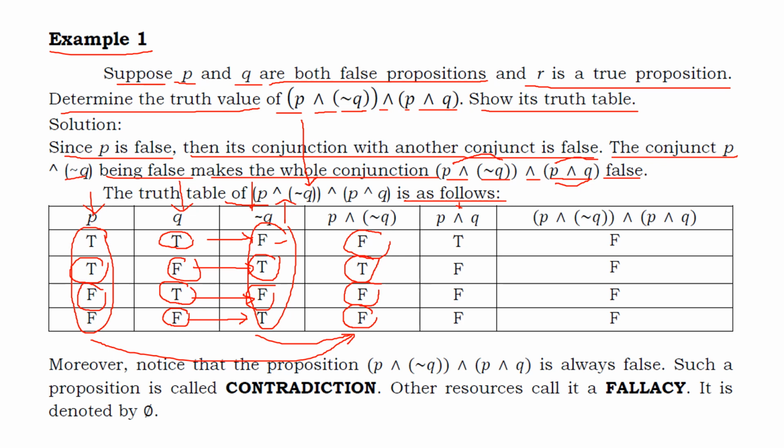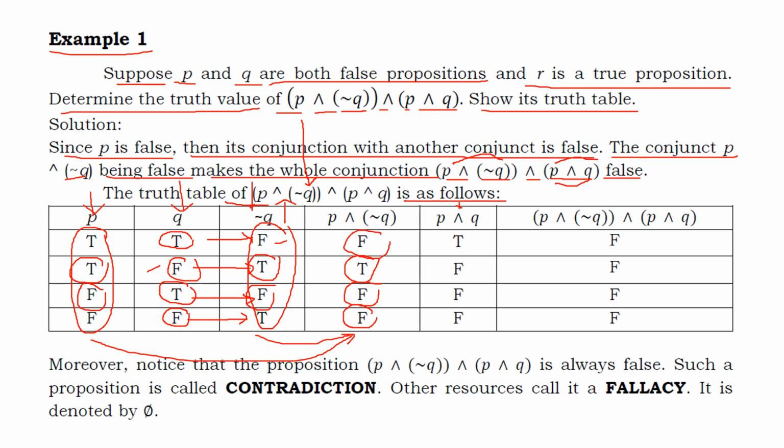Now, if one of them is a false statement, as you can see in this case, if Q proposition is a false statement, or vice versa, if P is a false statement, or Q is a false statement, still your P conjunction Q is a false statement, even if one of these two propositions is a true statement.